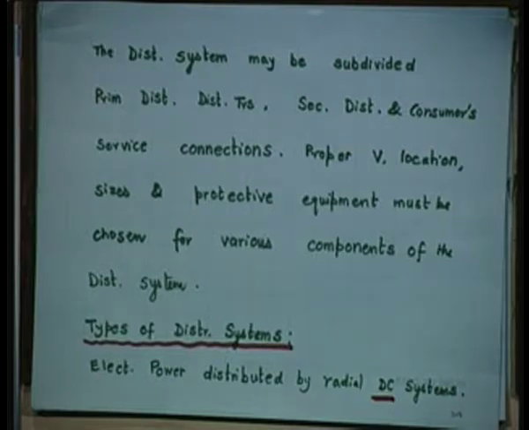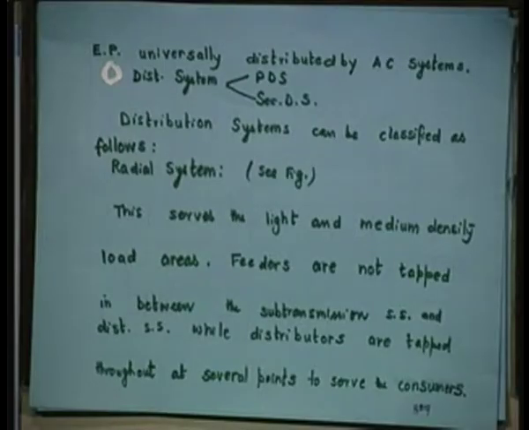If you go to any house in Calcutta, you will find they have both AC and DC. So, radial DC systems. Now in the 21st century, the new millennium, electric power is practically universally distributed by AC systems, barring a few exceptions, as I just talked about Calcutta.